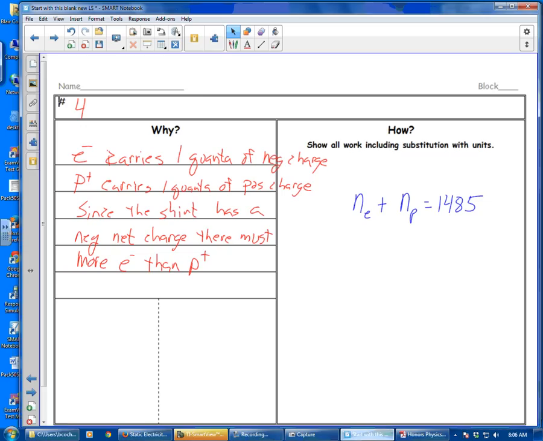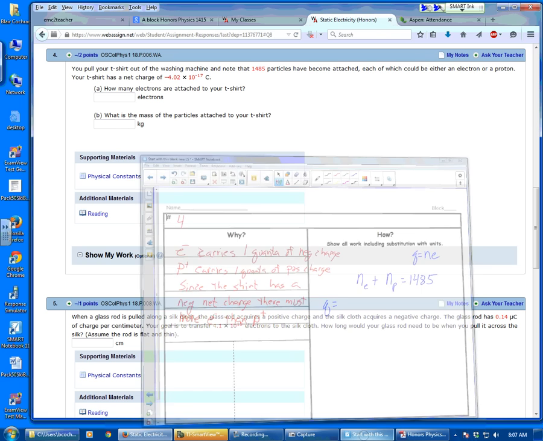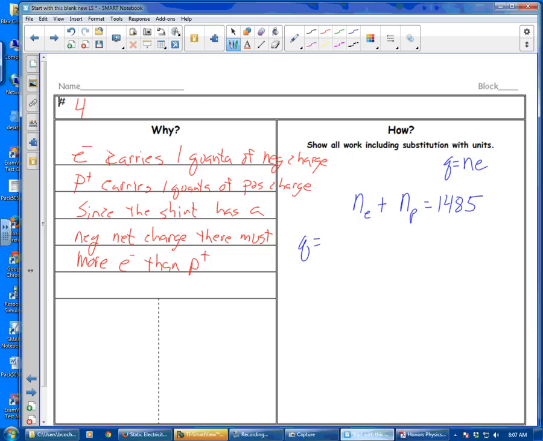That's really my only physics equation here, Q equals Ne, and then the value of e. For me, Q equals, just to get it all on the same page here, negative 4.02 times 10 to the minus 17.